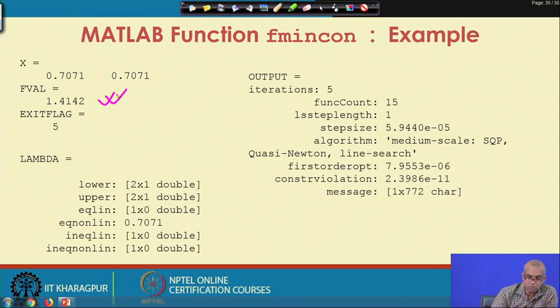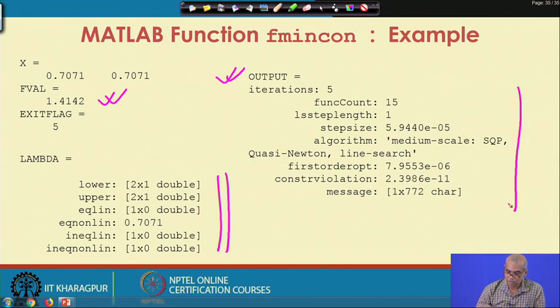This is the function value. These are the Lagrange multipliers. This structure will contain the Lagrange multiplier information. This is output, which tells you about step size, algorithm, function count, etc.